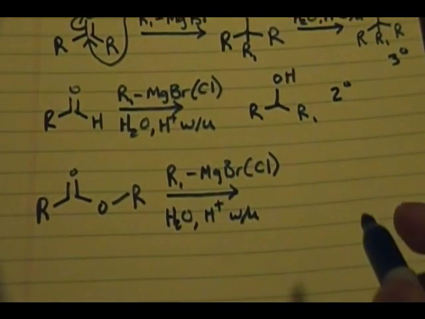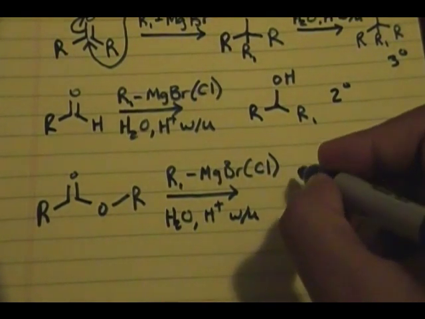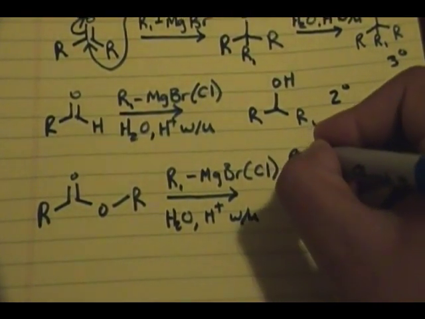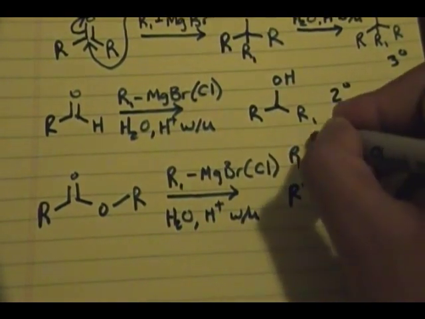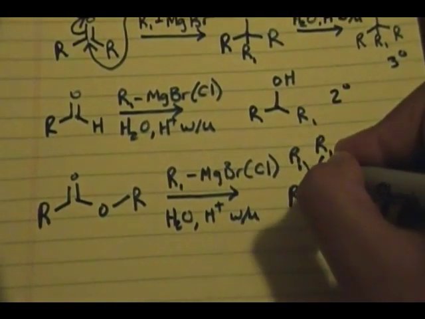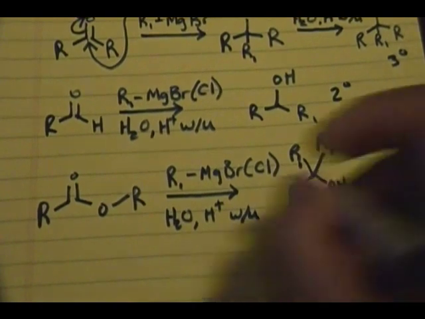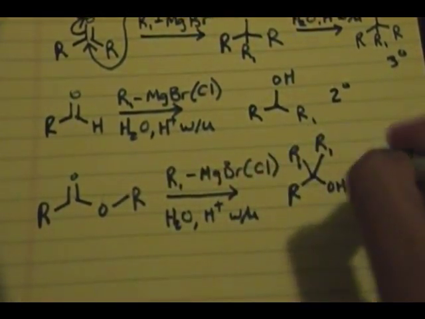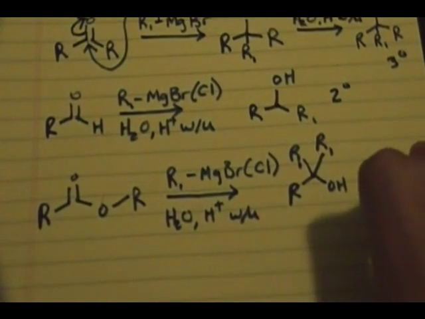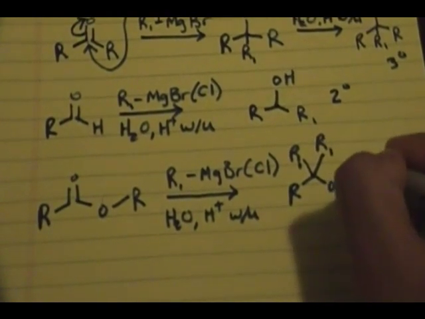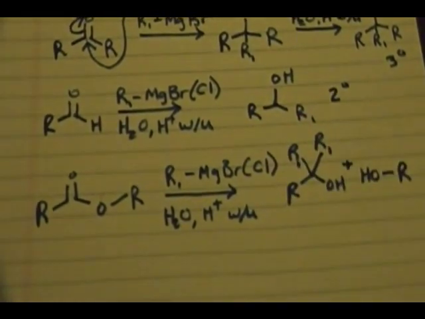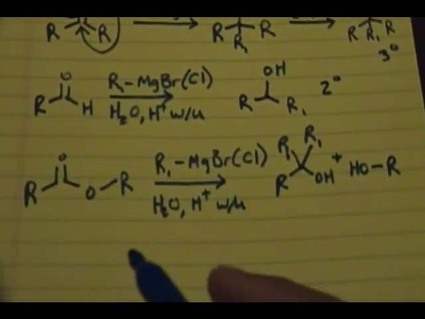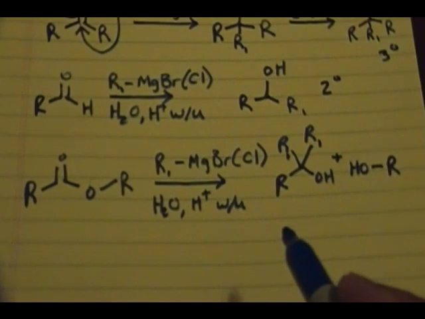This will give you two alcohols, a tertiary alcohol and whatever other type of alcohol you have based on this R group. So R OH, so you get two. Okay, so that's what you form when you have an ester reacting with a Grignard reagent.